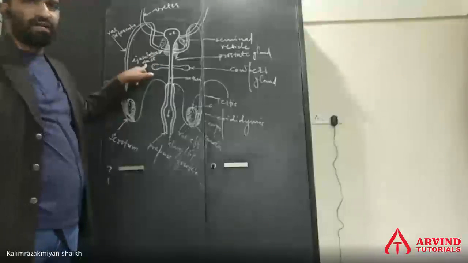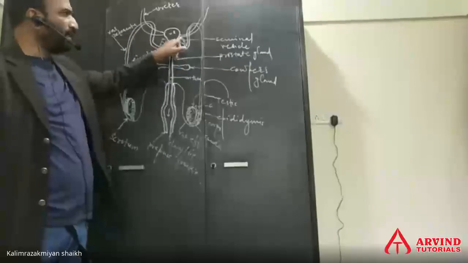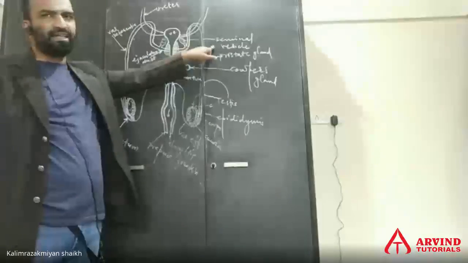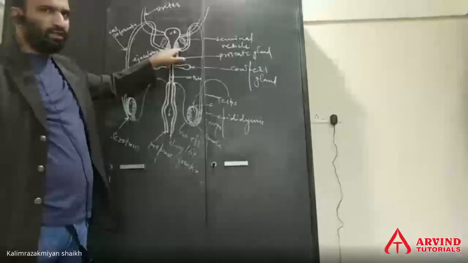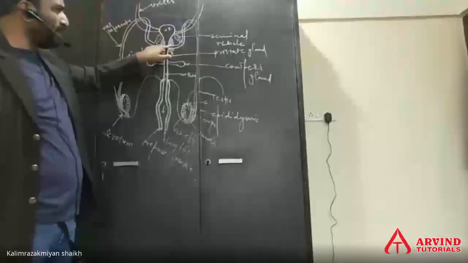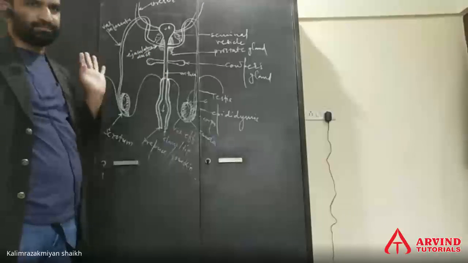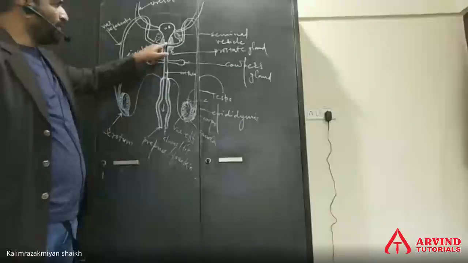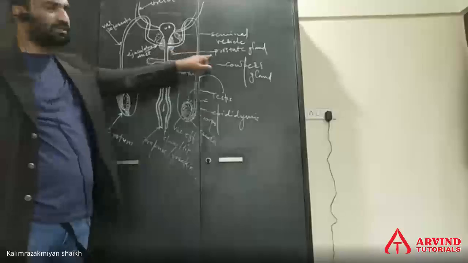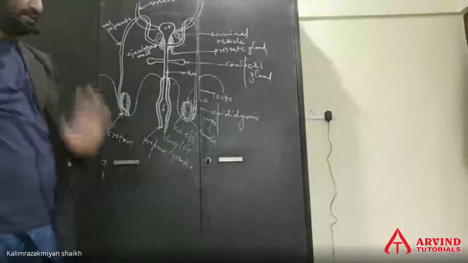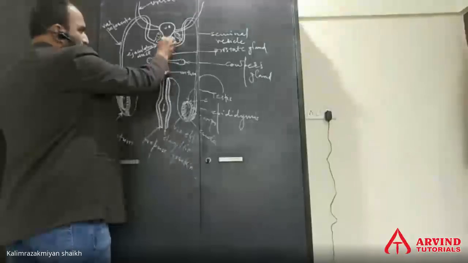Now in the ejaculatory duct, two fluids are present: the sperm and the seminal fluid secreted by the seminal vesicle. Both enter the urethra through the ejaculatory duct. When sperm and seminal fluid enter the urethra, the prostate gland secretes prostatic fluid.